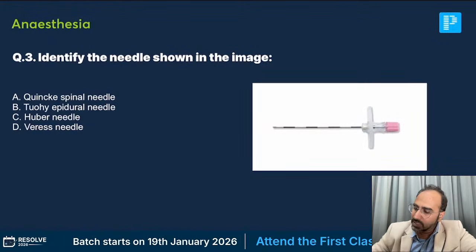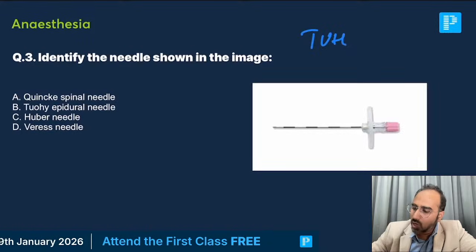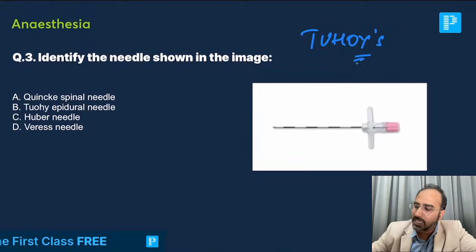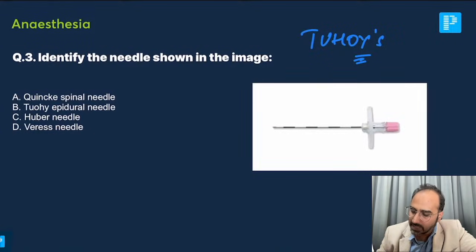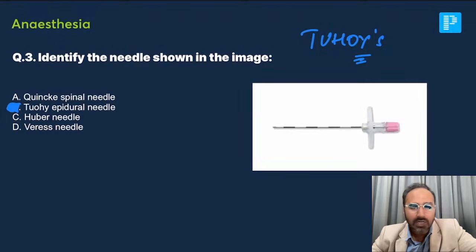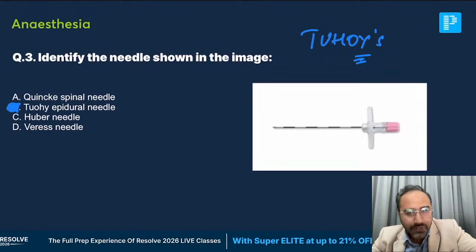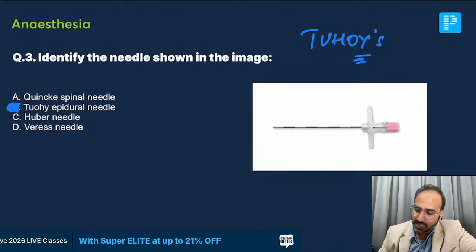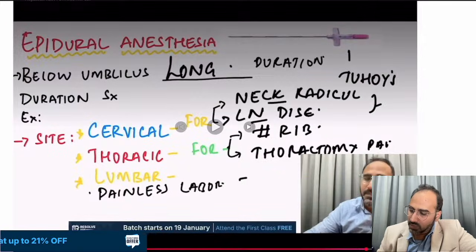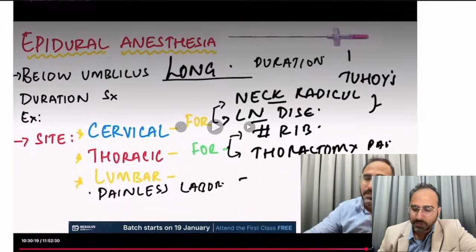So, it is Tuohy's epidural needle. Quincke's and others are for spinal. Basically, this kind of needle, which has 1 centimeter dark and light bands, is commonly used for epidural anesthesia. So, we have discussed that needle also.